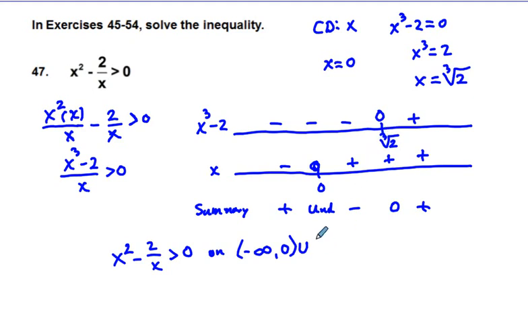And then also we have, starting at cube root of 2, I think we need to have greater than, so that's going to be a parenthesis rather, parenthesis cube root of 2, comma infinity. And so this is going to be our solution set.